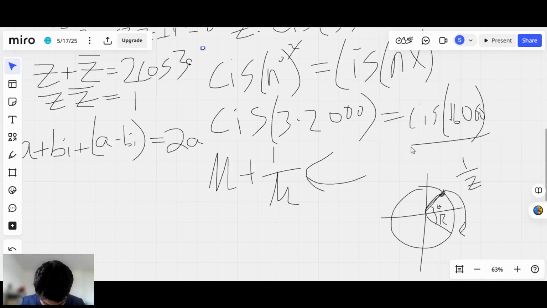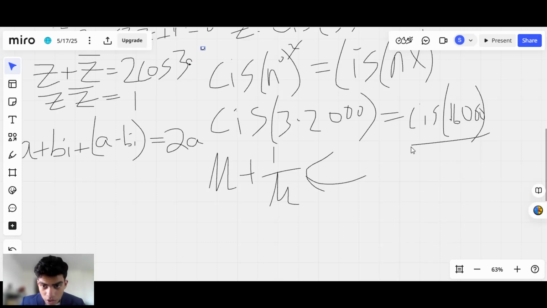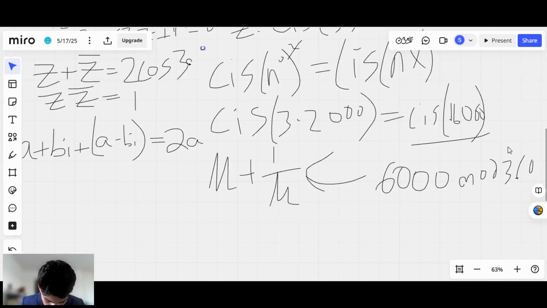So now let's try to simplify cis of 6,000, and then we can apply that concept there. Okay, so cis of 6,000 is the same as cis of 6,000 mod 360, since a circle has 360 degrees, right? So 6,000 mod 360 is essentially the remainder, and we can just figure that out by dividing.